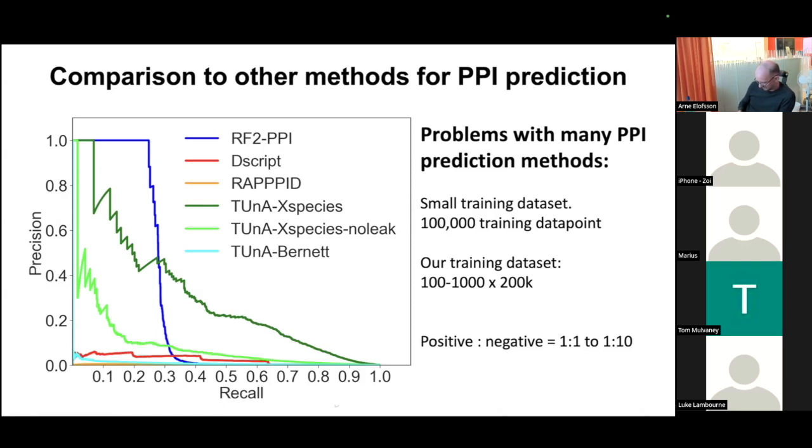So they can only have about 100,000 training data points. Whereas for us, we are training on the residue level, so each of our training cases gives many possible contexts. Each protein pair gives you 100 to 1,000 residue contexts. So our effective training data set is so much larger than if you just consider the fact that two proteins interact. Doing it on the residue level gives us the advantage of fully utilizing the data set.